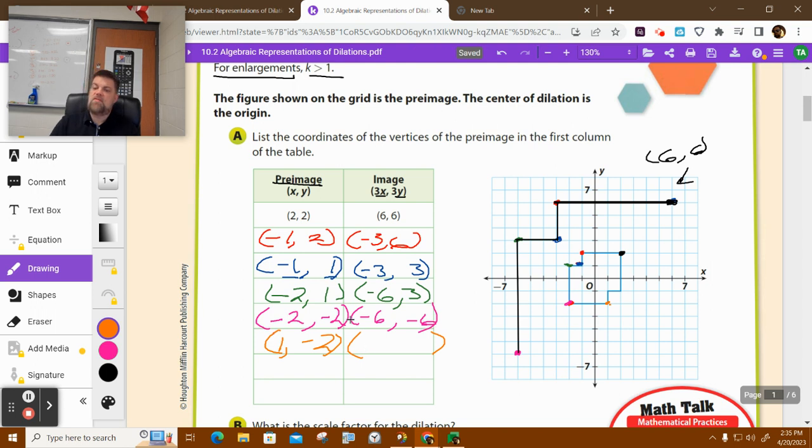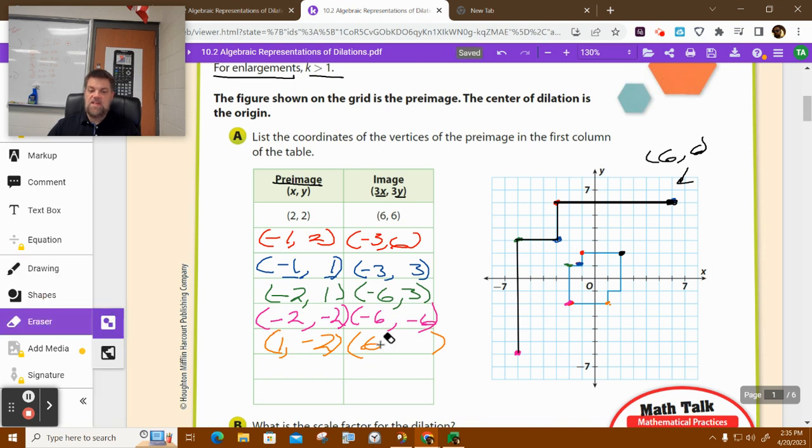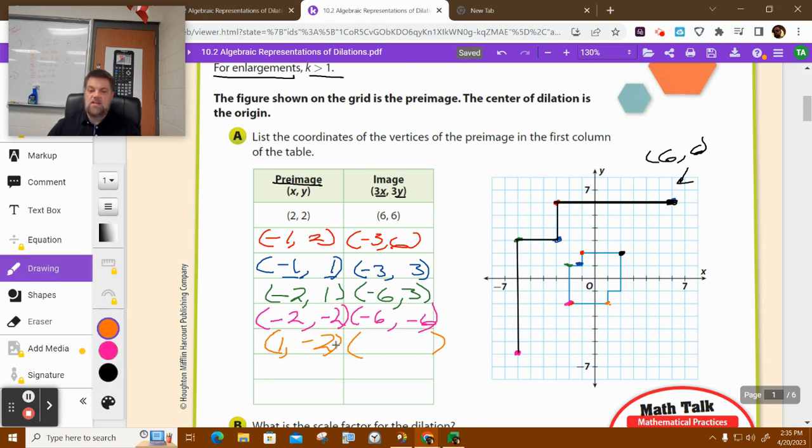Where are you getting that from? Hold on. You guys understand that for all of these, I'm just multiplying by 3, right? So, yeah. 3. See, now you messed me up. It's 3, -6, correct? So then I'm going to go over 1, 2, 3, and then I go down 6. That's that point there.